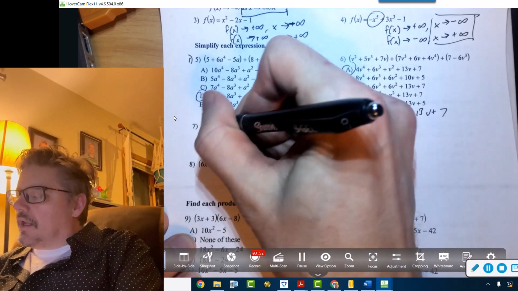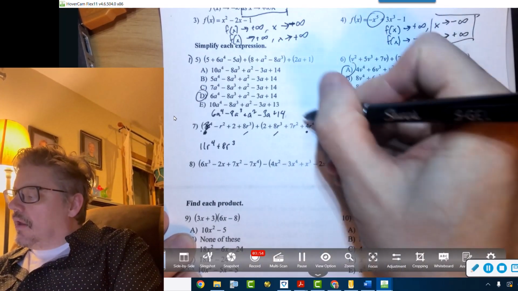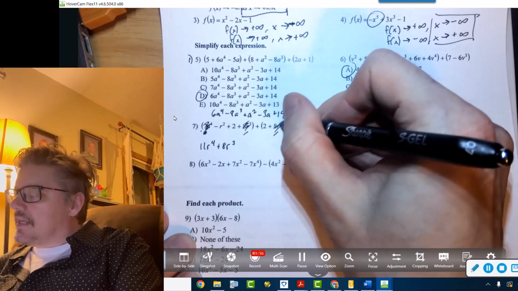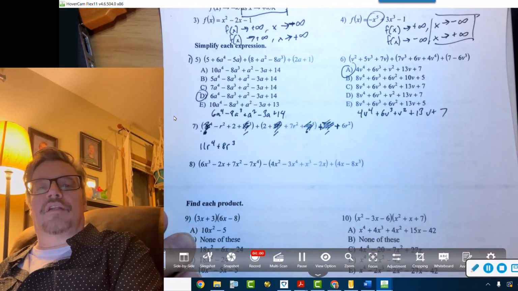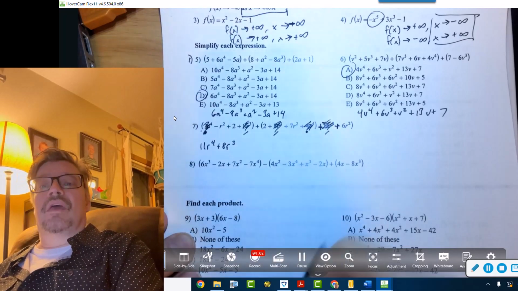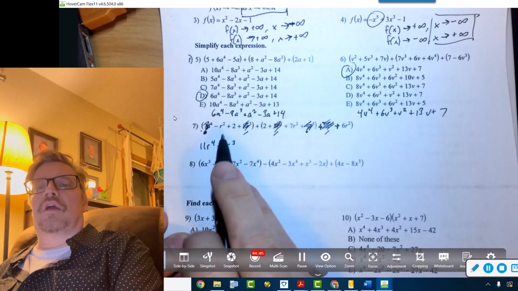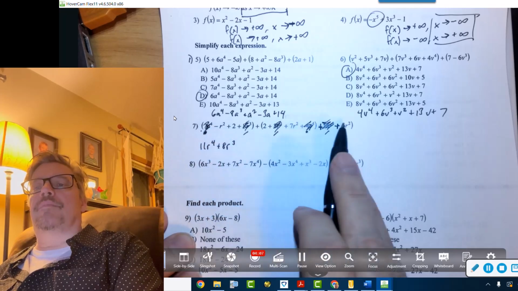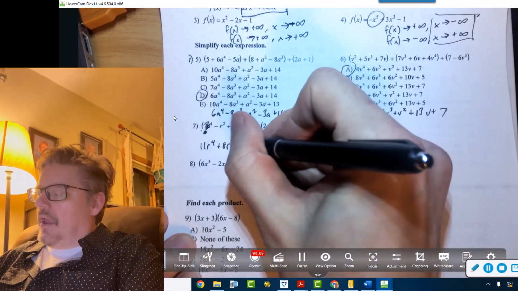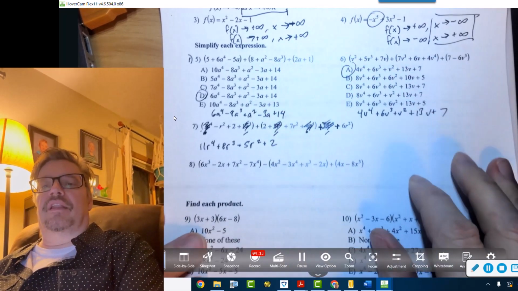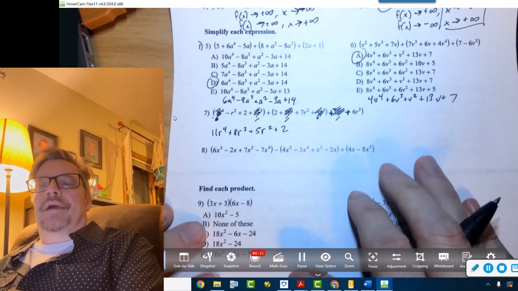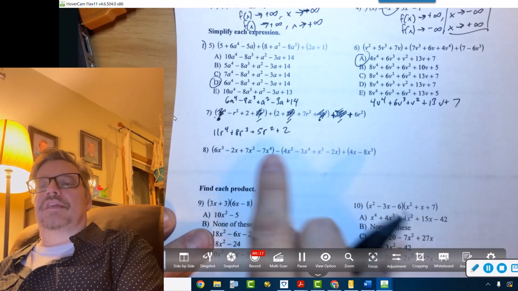I'm going to get rid of these. As you add them, you can discard them, and then I've got less to work with. Here's a negative r squared, positive, that's going to be a positive 5r squared, and then finally a plus 2, and that's going to be my final answer.